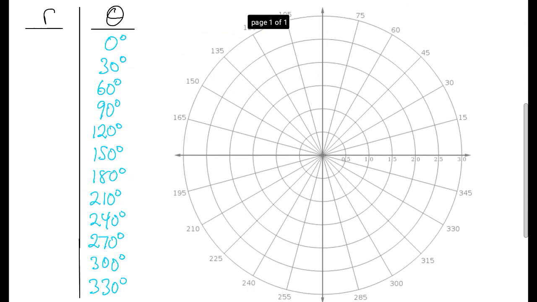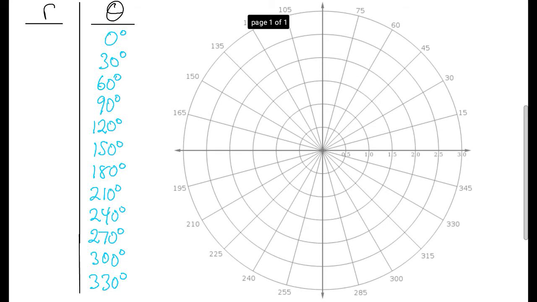Conveniently enough, here's some nice polar graphing paper for us, right? We have all the lines for various angles marked out, and the r values for different values are marked out here, 0.5, 1.0, etc. And as with any y-x graph or x-y graph, you can always just plot points and then connect the dots.